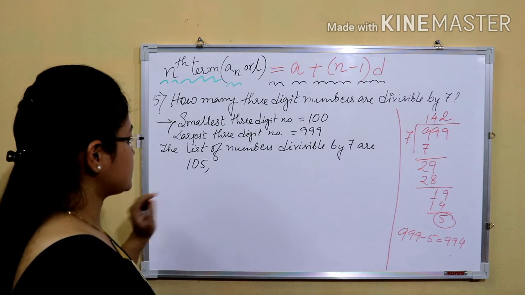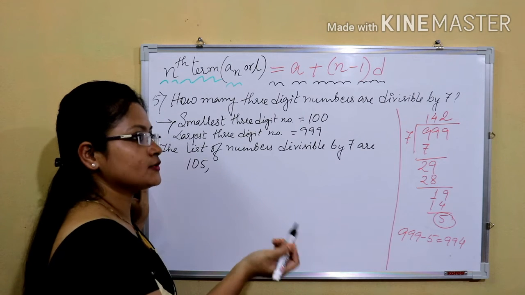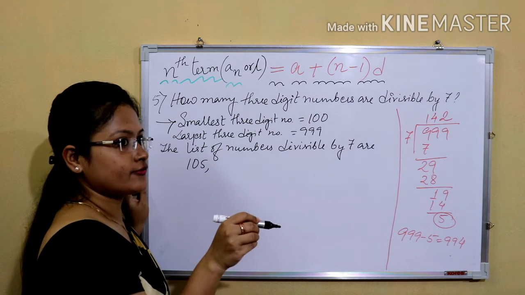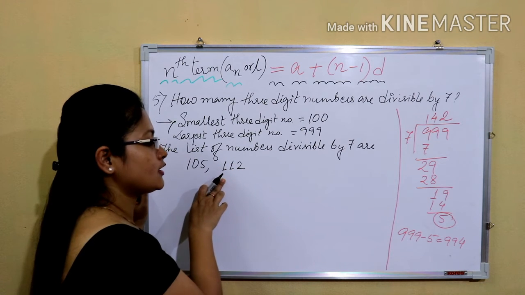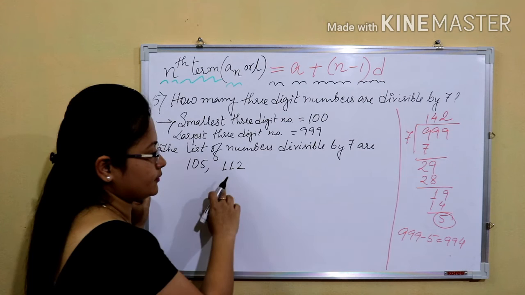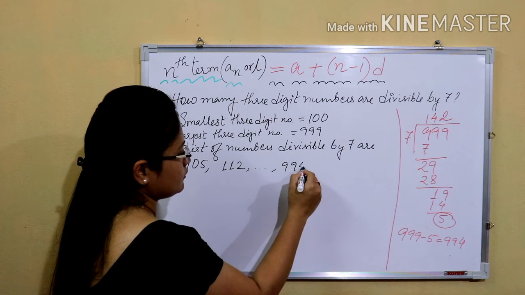If we add 7, we get the next number: 105 plus 7 gives 112, which is completely divisible by 7. And we got our last number, 994.